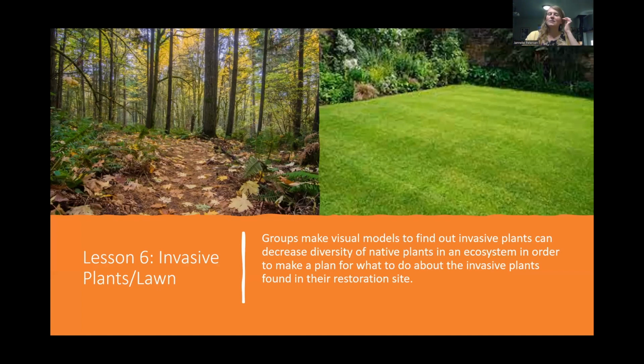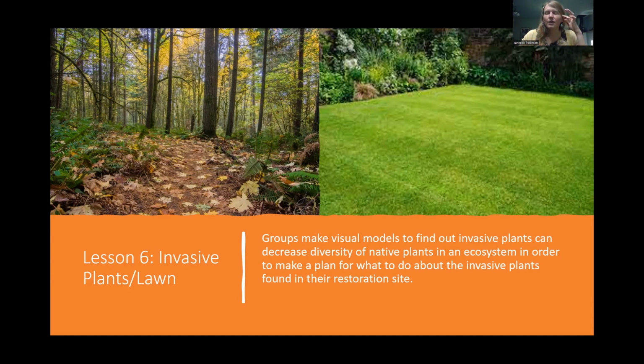Okay, lesson 6. You only need to do lesson 6 if you have an invasive species in your restoration site. If you do not have an invasive species in your restoration site, if you're doing lawn or pavement, or it's just bare soil or gravel, then you can just skip lesson 6.